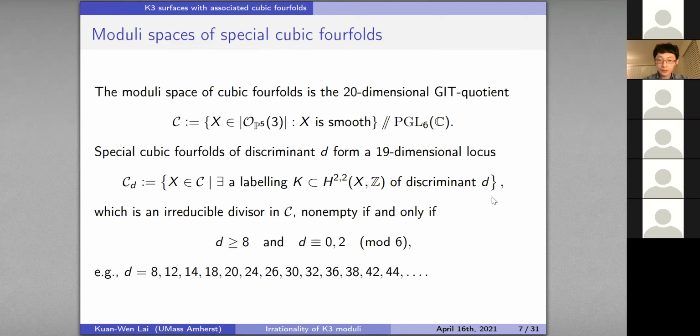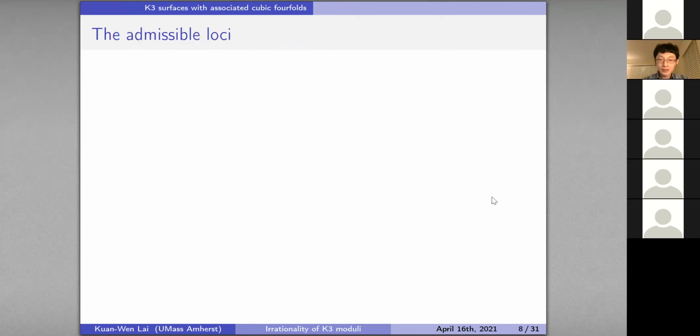So here are some examples: this list starts from 8, 12, 14, 18, 20, and so on.